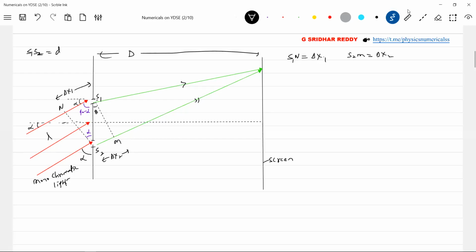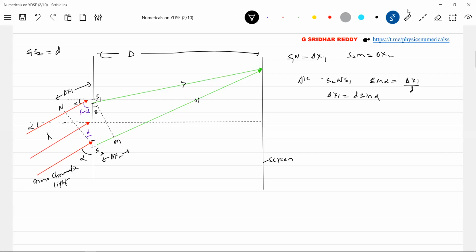So the net path difference. First, what is delta x1? From the triangle S2 S1, sine alpha should be equal to delta x1 by d. So delta x1 equals d sine alpha.